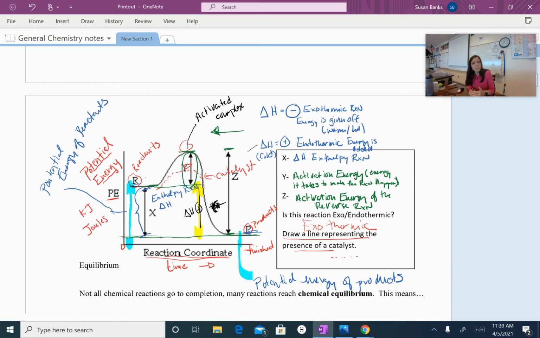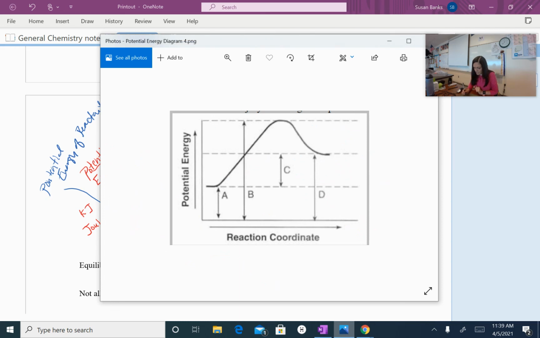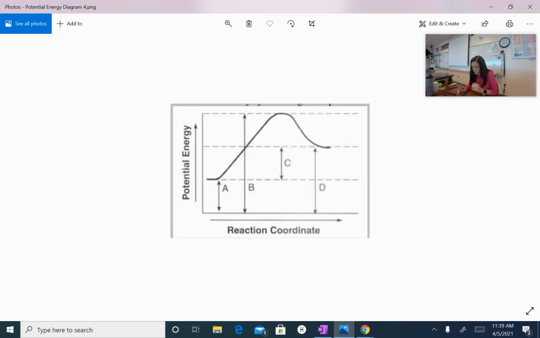Now, if I was reading this backwards, looking at the reverse reaction, where our product side would actually be our reactants, notice we have to actually put energy in. And so if I was doing the reverse reaction, this would be endothermic on the reverse. Okay, so let me show you on yet another diagram.